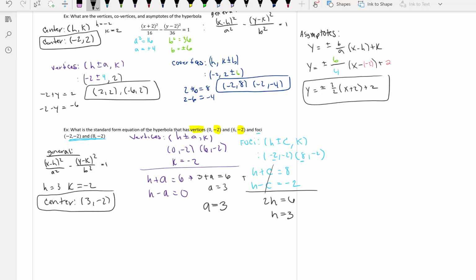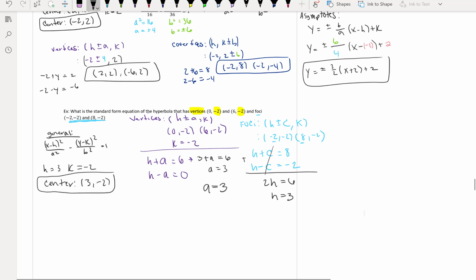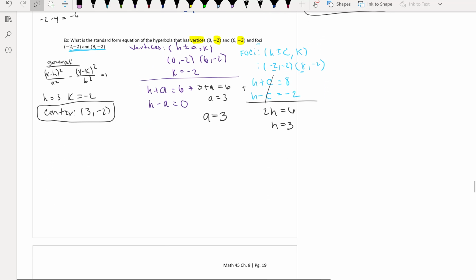So far I have a lot of information. The last piece of information that I need, well, let's think about it. I have x minus my h value, which is 3, squared, over a squared. So a squared is 3 times 3, which is 9, minus y minus my k value.